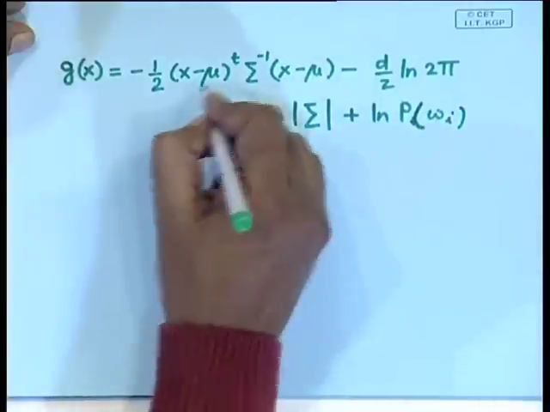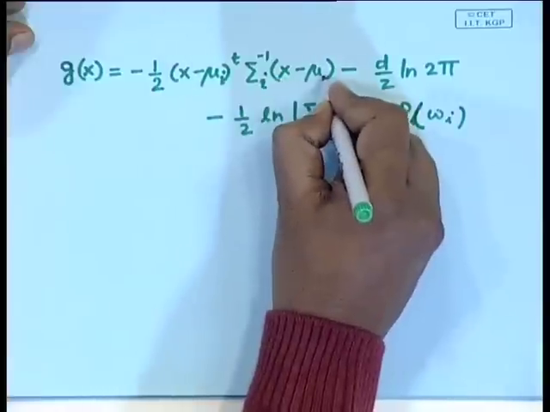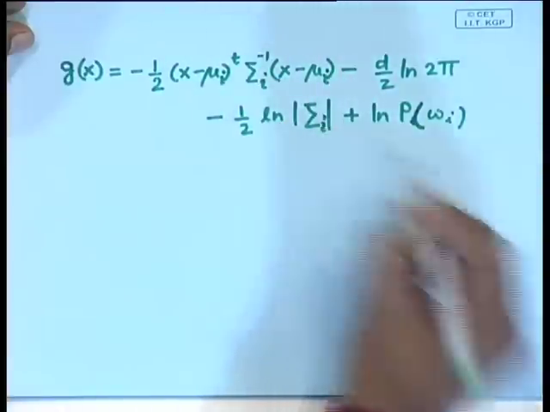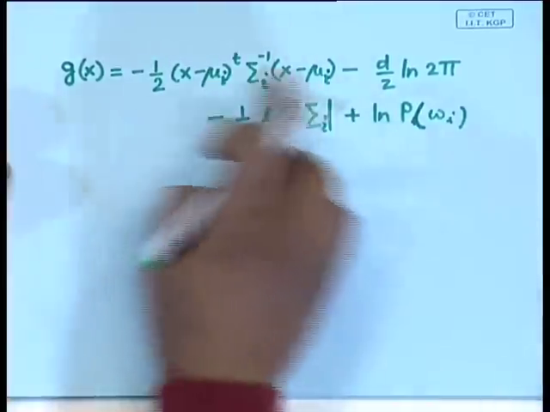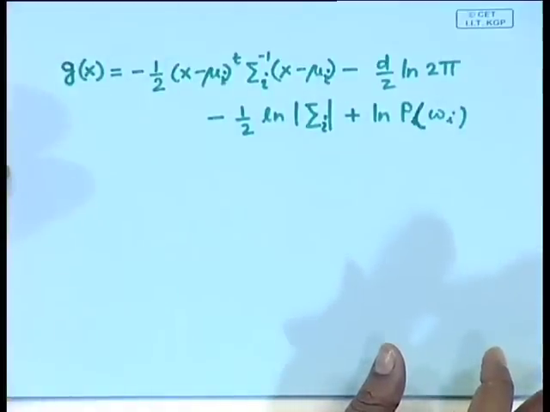So all these have to be indexed by I: (x minus mu I) transpose sigma I inverse into (x minus mu I), and this is sigma I. So, this was the discriminating function for the ith class.